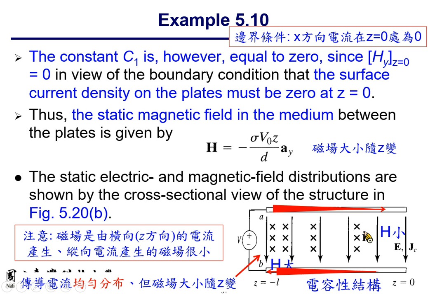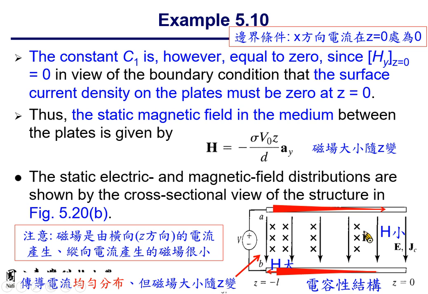So the current from top to bottom is homogeneous across the two plates, but the current density is larger on the left-hand side and smaller on the right-hand side.